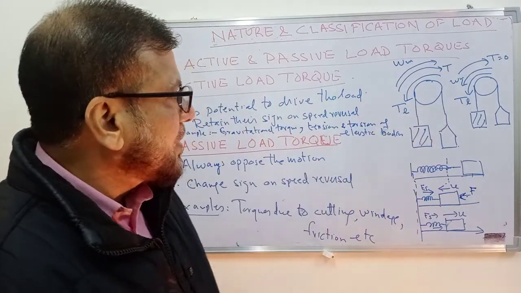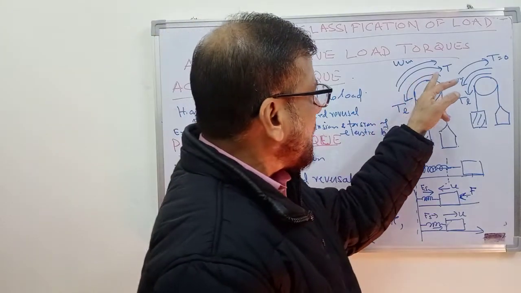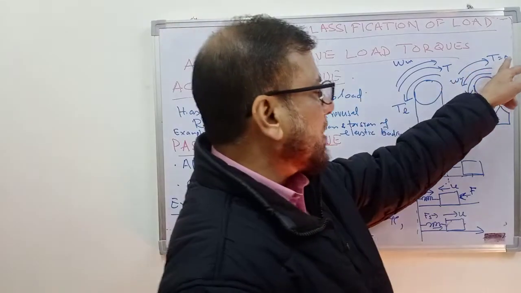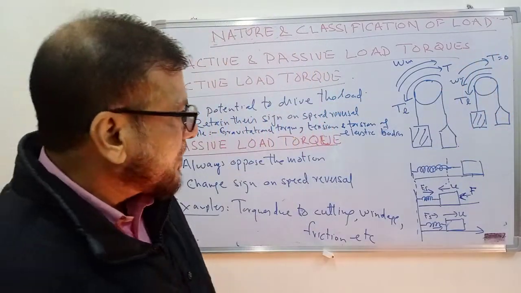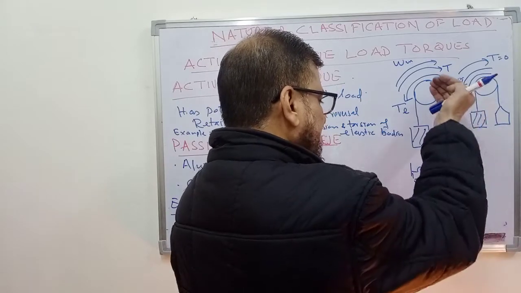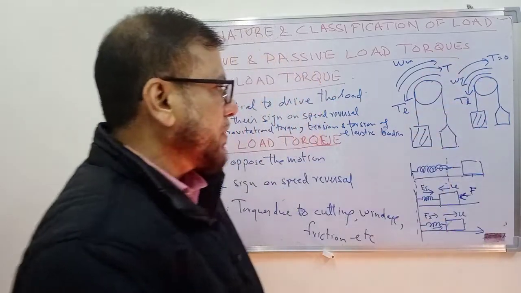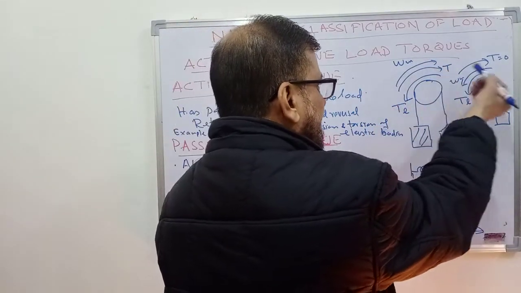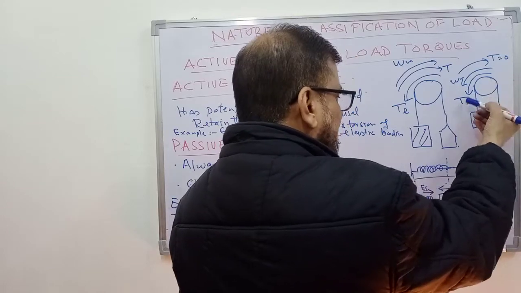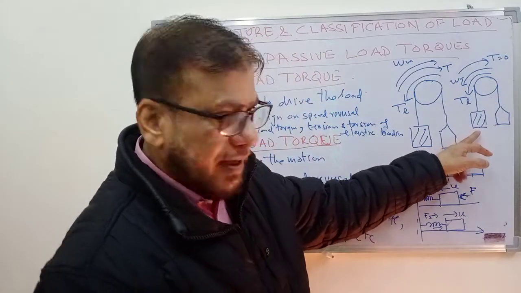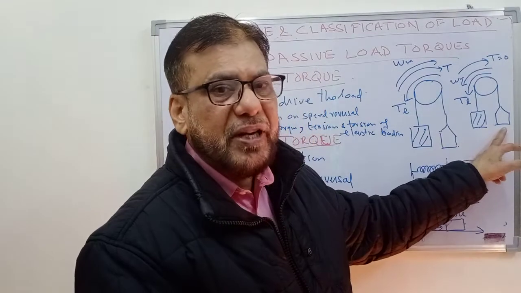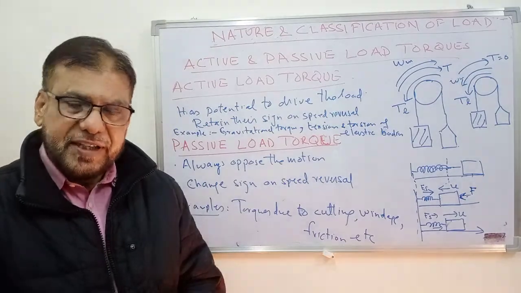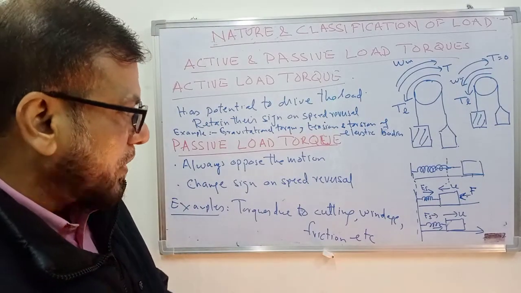So this is a motoring case, but if you stop the motor, or you don't give supply to the motor, the torque produced by the motor becomes zero. In that case, the lift will start moving upward by the gravitational load torque. So the speed will reverse, but the load torque will always be in the same direction. Now the load torque has the capability to move the lift by itself. So such a torque is known as active load torque. It can move the motor.